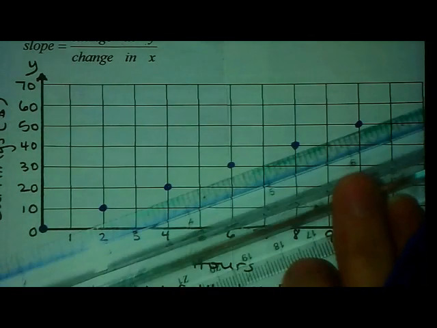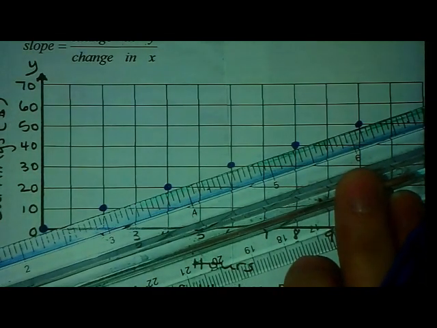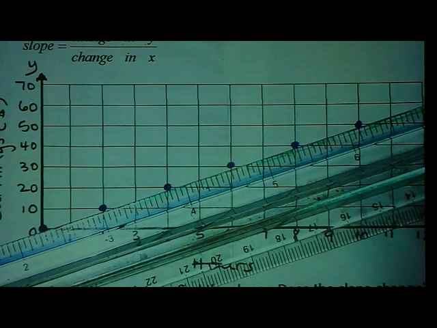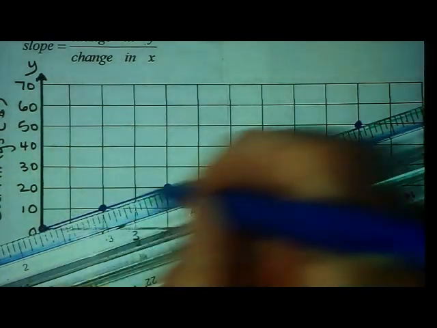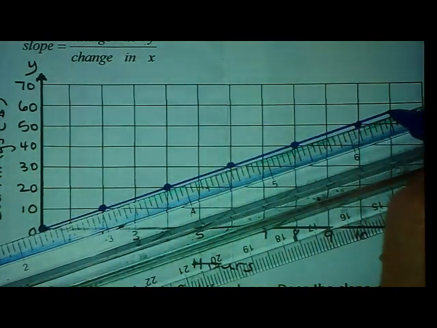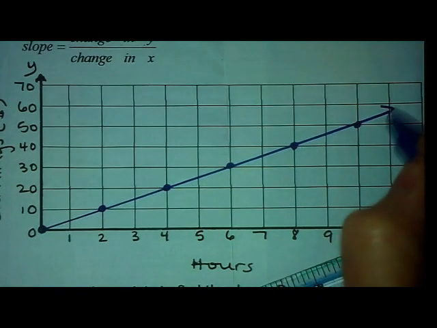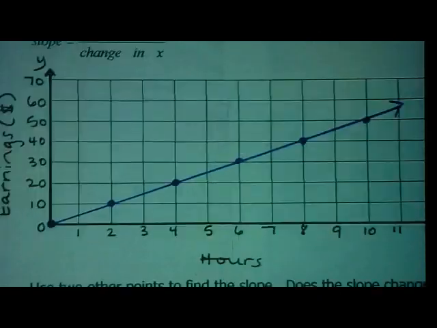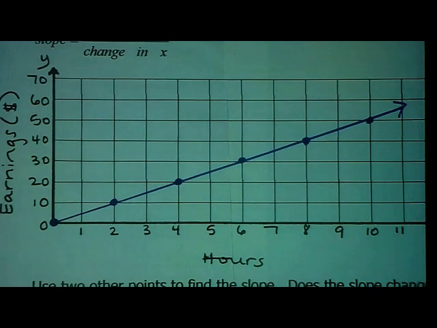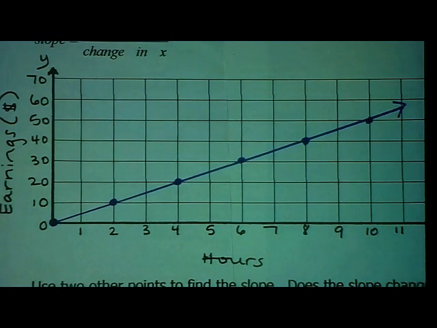Go ahead and connect those lines. It's really important that you be neat. This is why pencil is important for you. Put a little line on the end there, a little arrow at the end of your line. Okay, here we have a graph that represents your earnings in dollars per hour for babysitting.